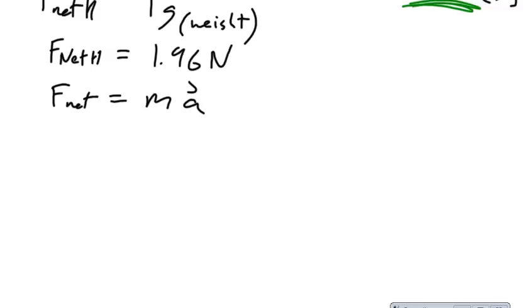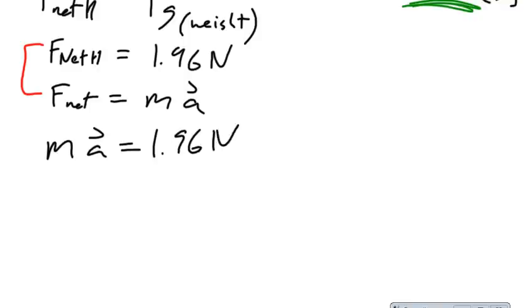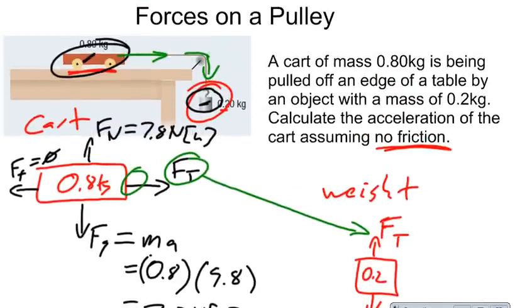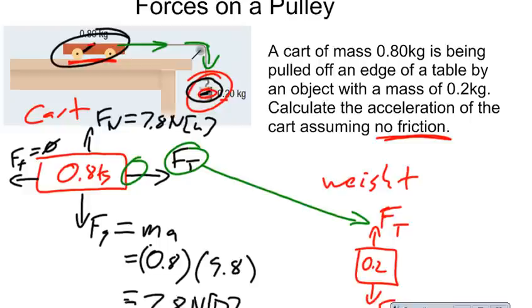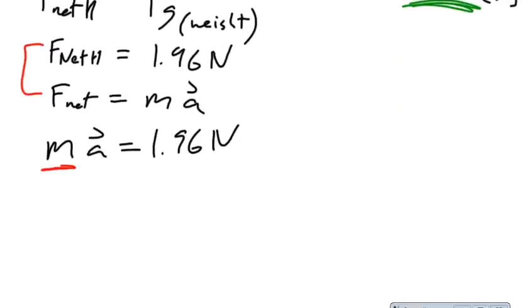Let's combine these two equations. This is where the question becomes a little bit tricky. What do we put down here for our mass? We've got the mass of the cart, but we've also got the mass of the weight, and both of these things influence how quickly the cart is going to travel. So the mass we put in is the mass of the cart plus the mass of the weight, times the acceleration, is equal to 1.96.